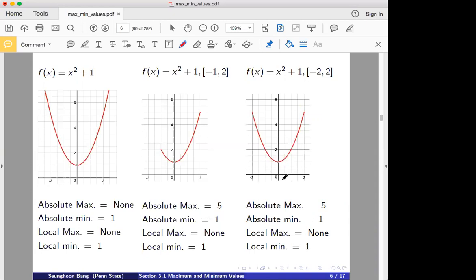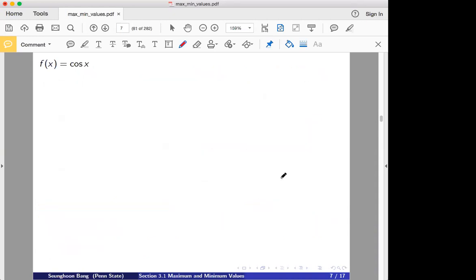Yeah, so like this. f of x equals cosine of x. You can sketch the graph. Graph is like this. Do we have absolute maximum? Yes. What is absolute maximum? Yeah, y value. What's your y value? 1.